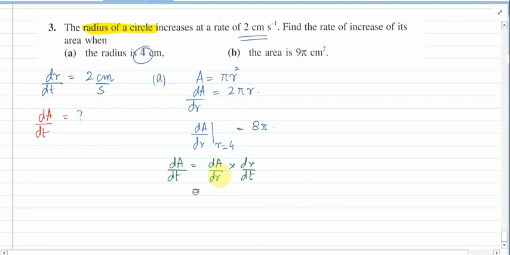Now dA upon dr is 8 pi, into dr upon dt, which is given as 2. So dA upon dt equals 16 pi, unit will be centimeter square per second.